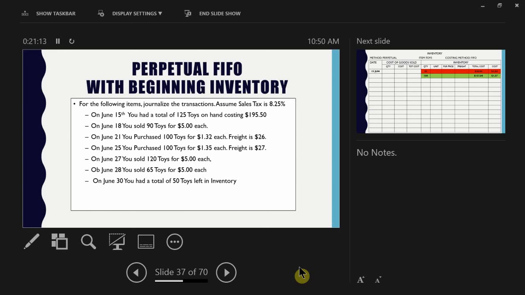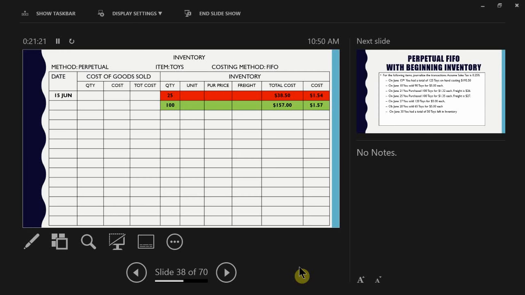As we know here, June 15, you should have a total of 125 toys available on hand, okay? So when we carry our information over, we carry it over in batches, right? My red batch came first, then my green batch came afterwards, so we're going to keep it exactly like this. My red batch is 25 at $1.54, and we have my green batch of 100 for $1.57. We're going to transfer the information over. Okay? So that's my beginning inventory.